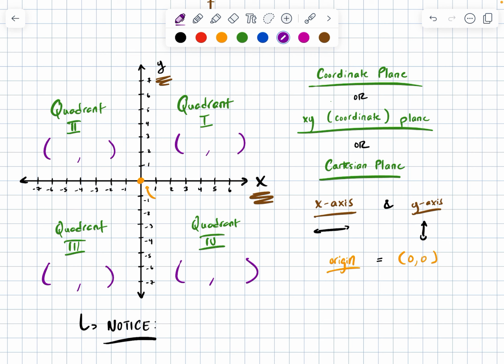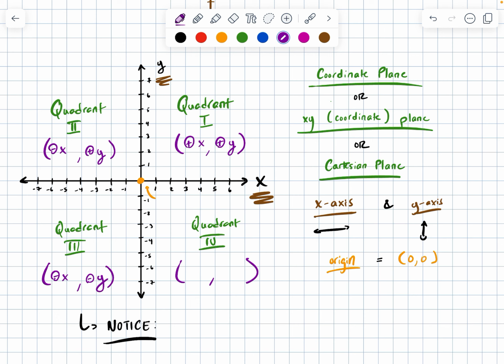Okay, well, hopefully we've noticed. If I have values of x and values of y in the first quadrant, both of those are positive. So I will always have positive x and y values in the first quadrant. In the second quadrant, though, while the values of y are positive, the values of x as I go to the left become negative. So I have negative x values and positive y values.